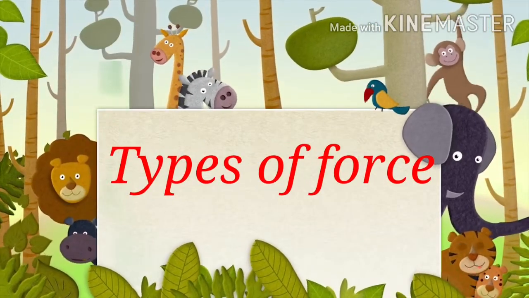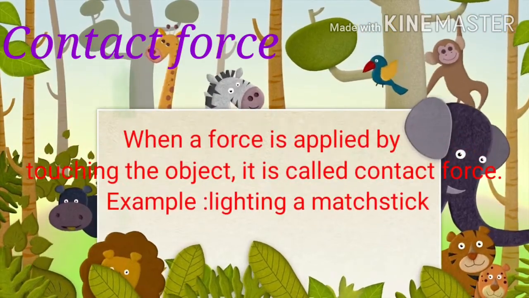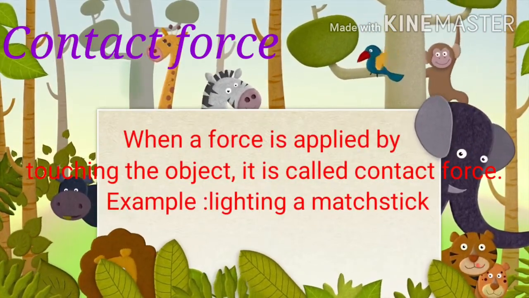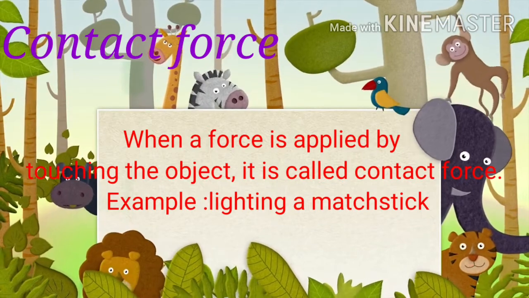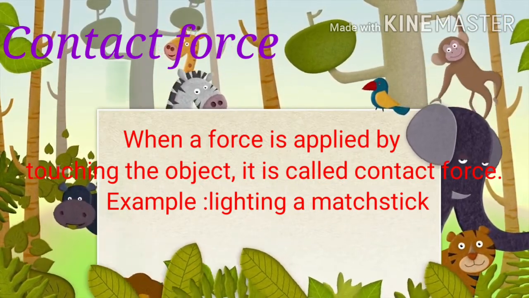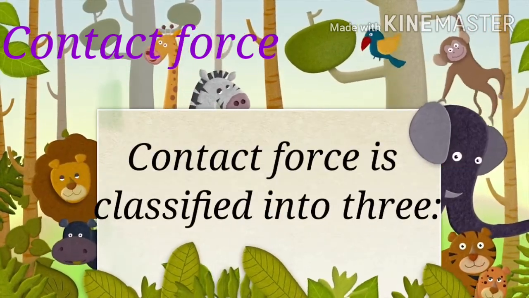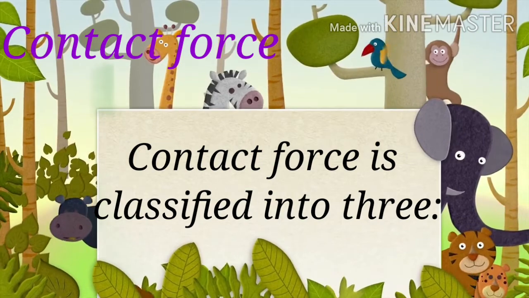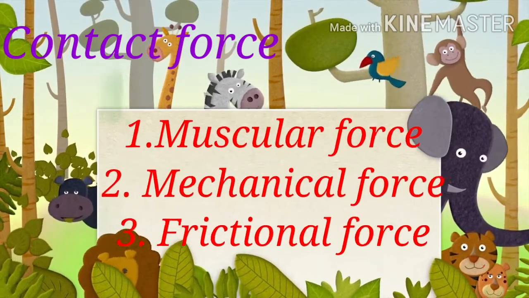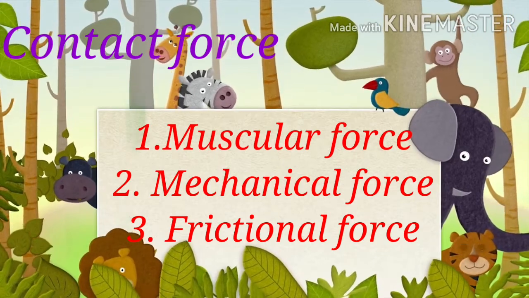Types of force. Contact force. When a force is applied by touching the object, it is called contact force. Example, lighting a matchstick. Contact force is classified into 3: muscular force, mechanical force, frictional force.